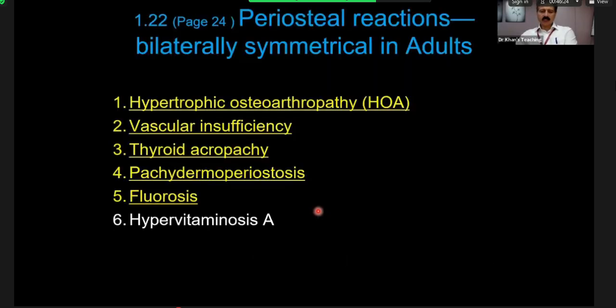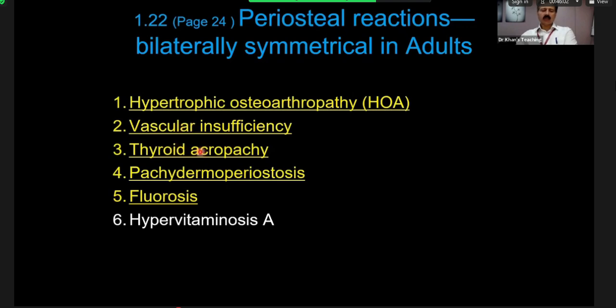The point is that your differential in periosteal reaction is HOA, and vascular insufficiency, particularly in venous insufficiency, but that will be localized. Here it was bilateral symmetrical. So it can be localized on both sides also.